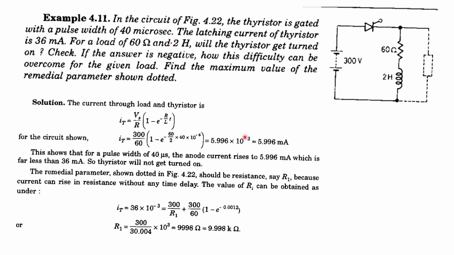So in 40 microseconds the thyristor current will reach only 5.996 milliamps, and the latching current of the thyristor is given as 36 milliamps. So what we understood is the thyristor will not turn on if a 40 microsecond pulse is given to it.